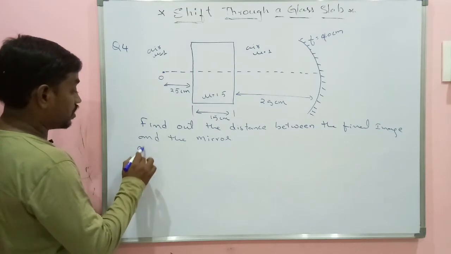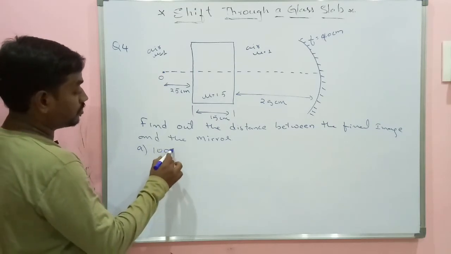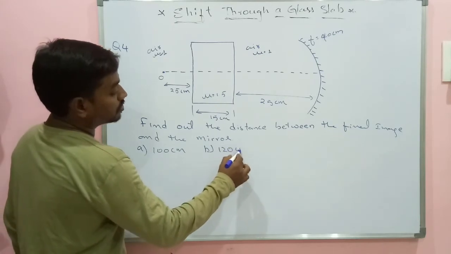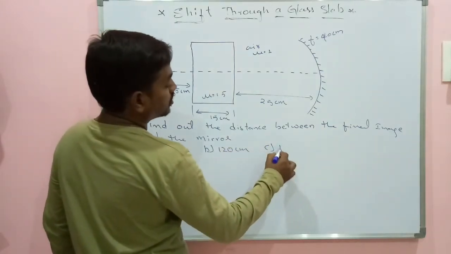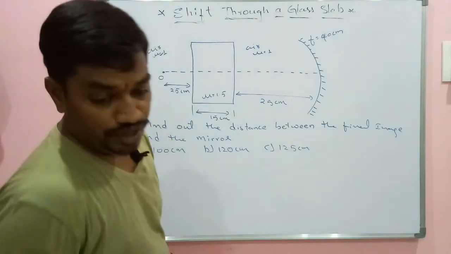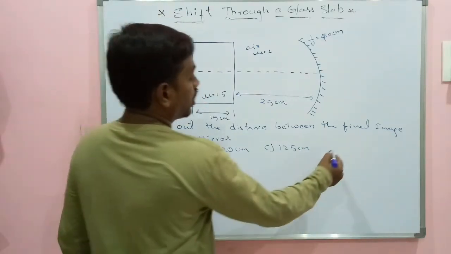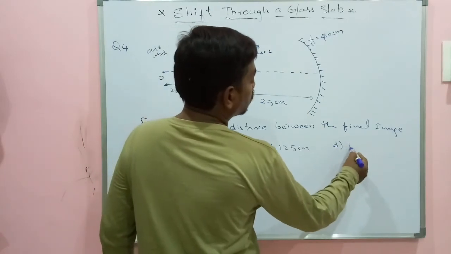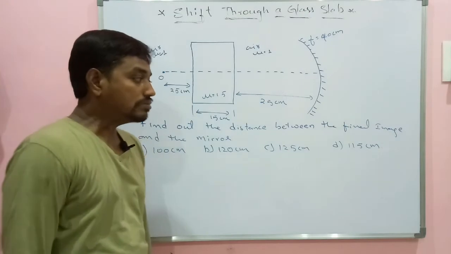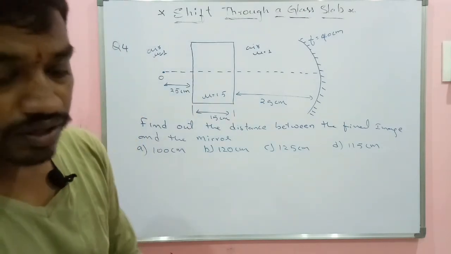So some options are there. Option A is around 100 centimeters, option B around 120 centimeters, option C is around 125 centimeters, and option D is 115 centimeters. How to do this problem?